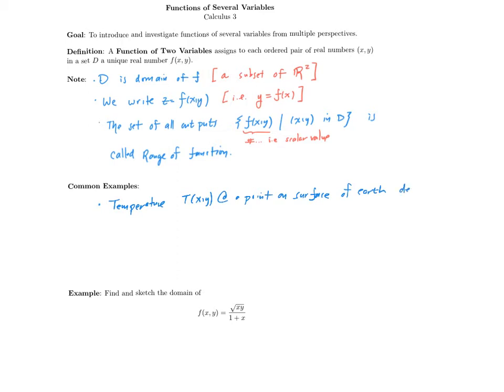We could say it depends on, let's say, the longitude x and the latitude y. So it depends upon what position you are on. It's a function of 2 variables.